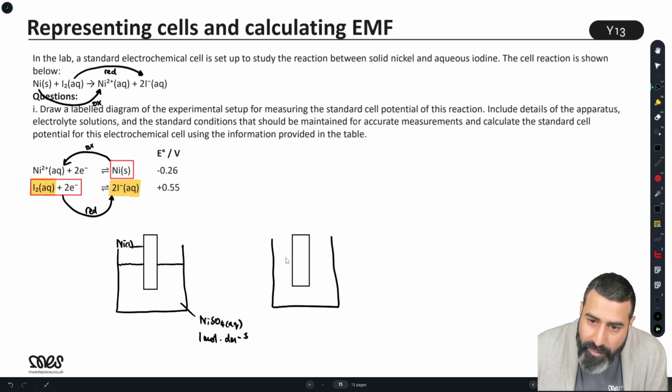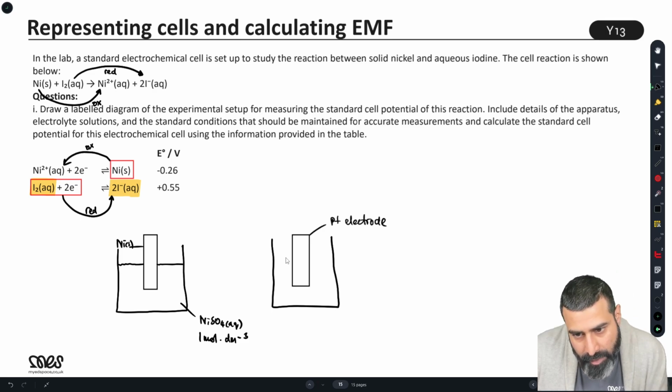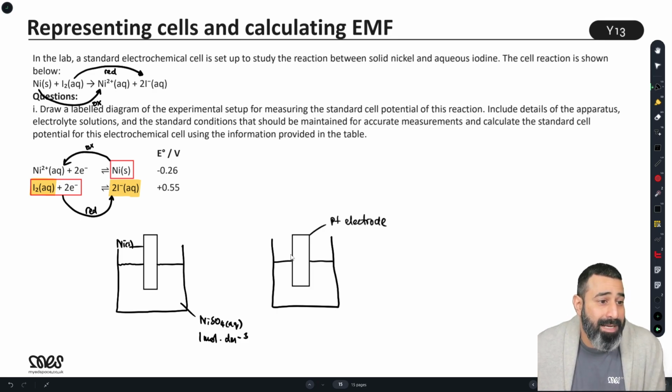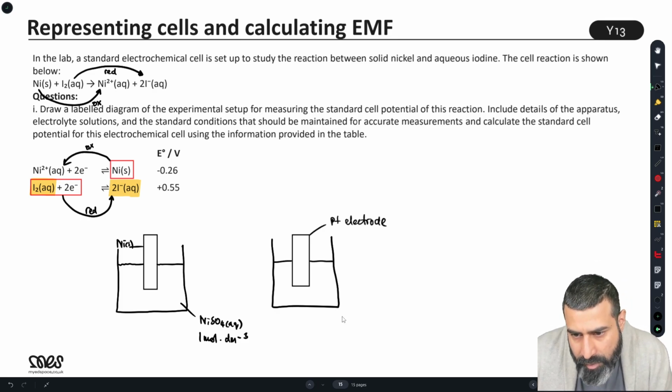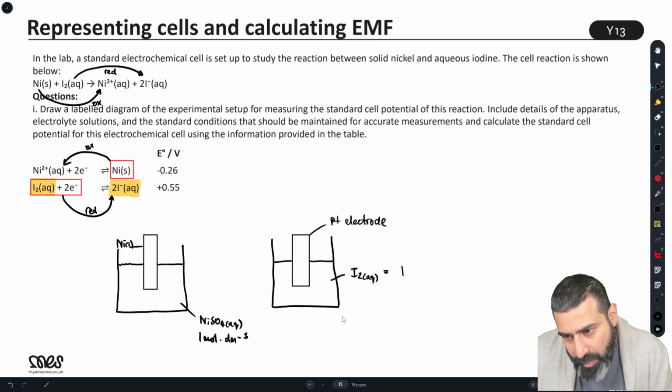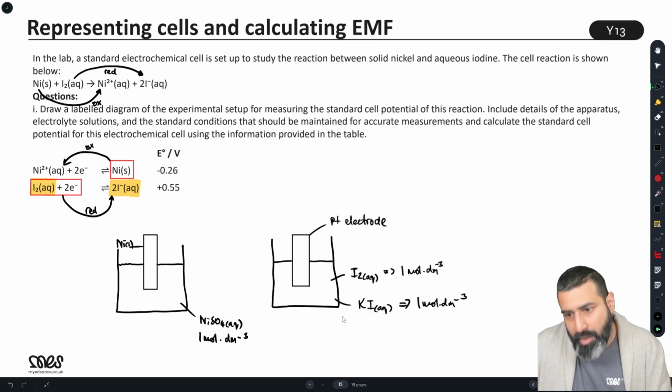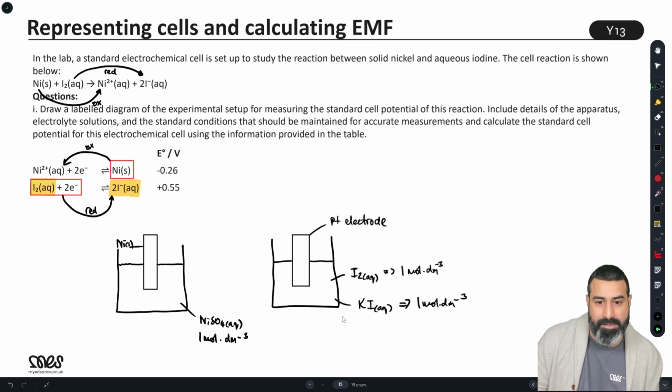So then our solution is going to contain I2 and I minus. So we've got I2 aqueous in here, and that is going to be 1 mole per decimeter cubed. We could have had KI solution in here, and we also need 1 mole per decimeter cubed of that, because that's going to give out the I minus, okay?